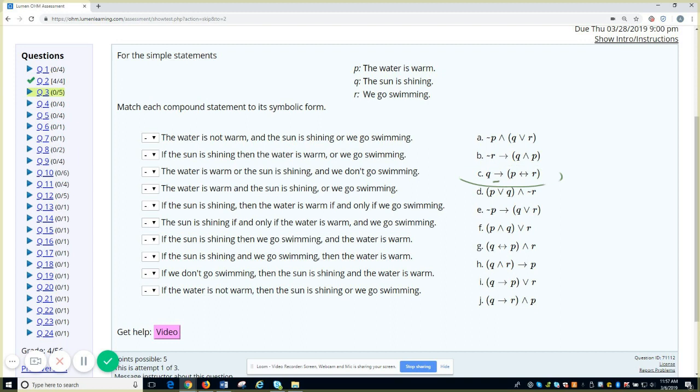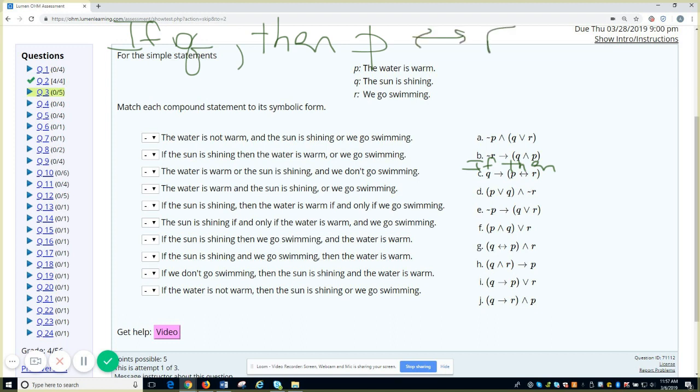So a conditional statement tells me that I'm going to be adding the word if in front of Q, and I'm going to be adding the word then in front of P, double-sided arrow R. So let's write that so far. If Q, then P, double-sided arrow R, and because of parentheses, I've also added a comma.